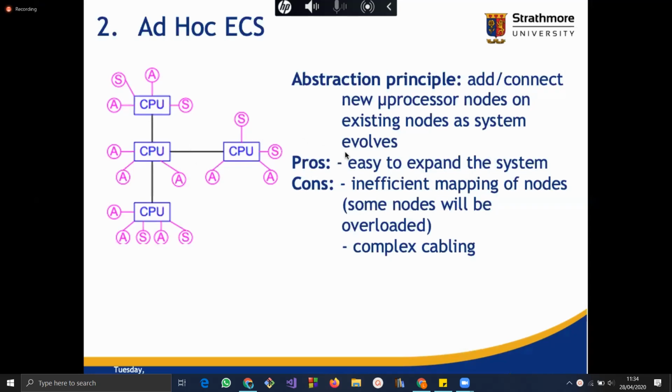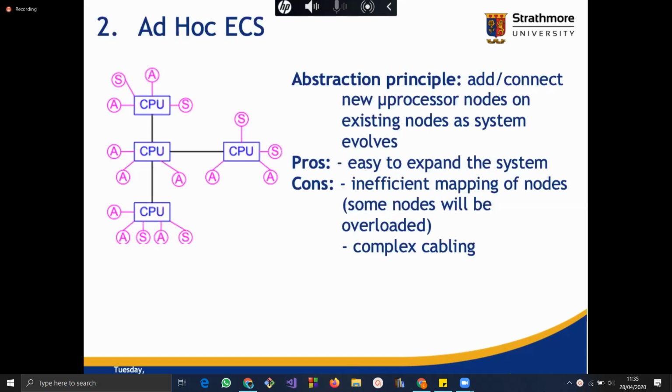There's no formula; you just add the nodes to existing ones without any predefined design. So it's easy to expand. If you require more actuators and sensors, you just add another CPU which comes with those actuators and sensors, and then you extend the existing ones.